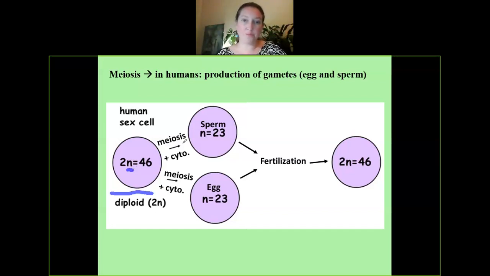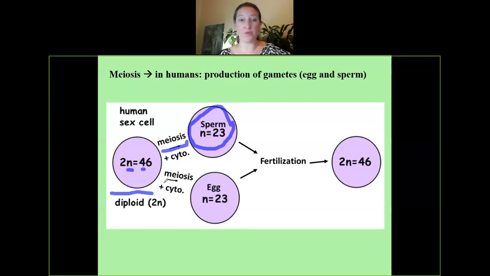So here we go, look, meiosis. Here's an individual. In this case, meiosis occurred. Don't worry about cytokinesis. The result of meiosis was sperm. The sperm has half the number of chromosomes as the original cell, 23.